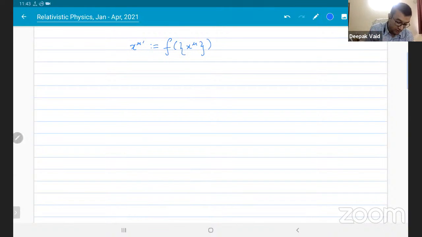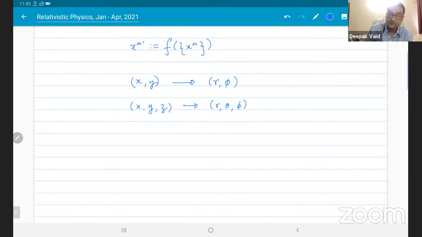As an example of a coordinate transformation, you can consider, for instance, going from Cartesian coordinates to polar coordinates, or from Cartesian coordinates in 3 dimensions to spherical coordinates in 3 dimensions, or to cylindrical coordinates in 3 dimensions. These are all examples of coordinate transformations, right?